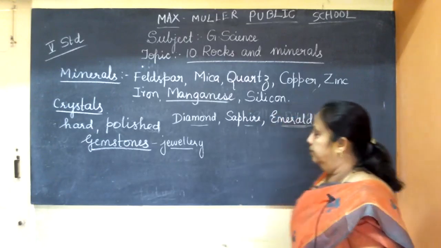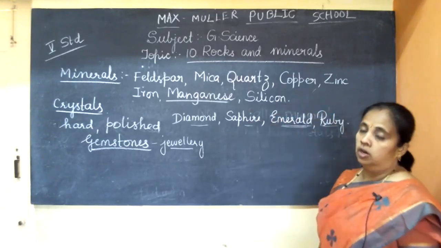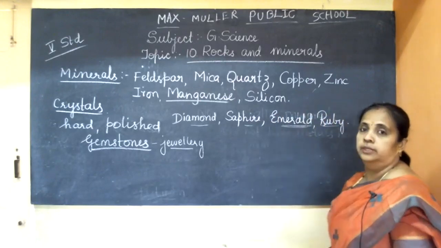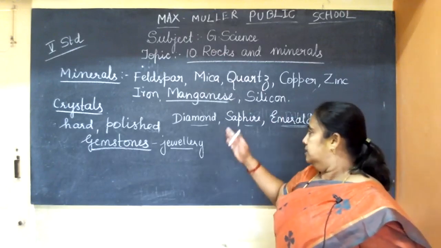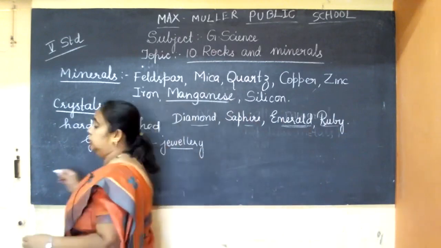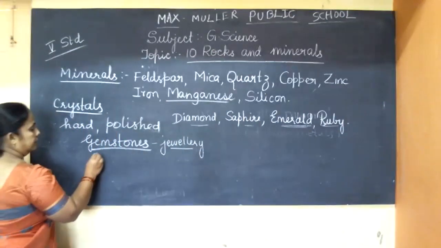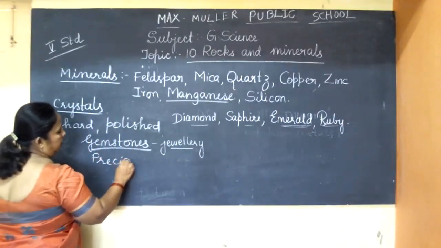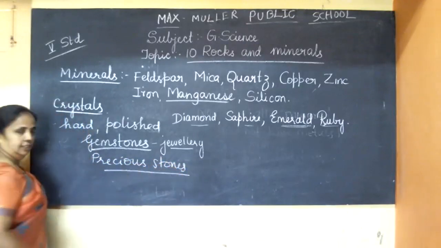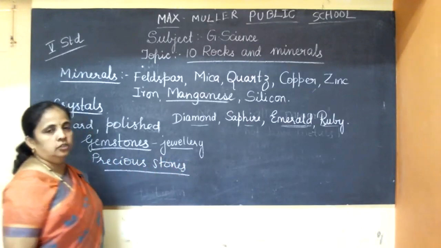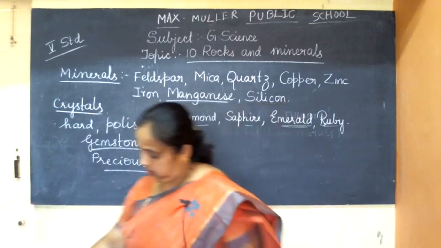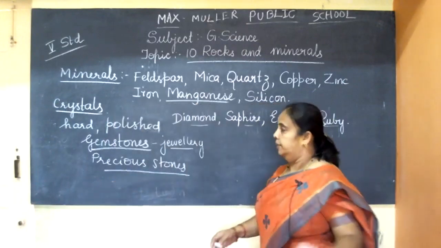Okay, and they can be used as I said, gemstones, or they are also called precious stones because they are very expensive, costly. So these are about the minerals. Understood? Okay, now we'll move to the next topic.